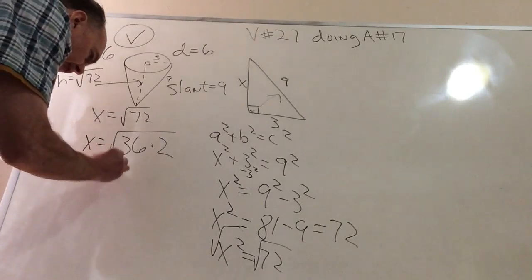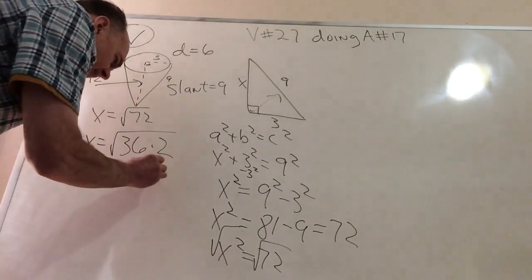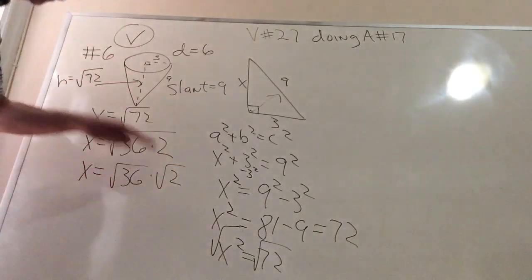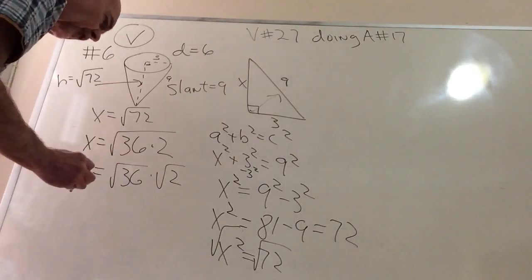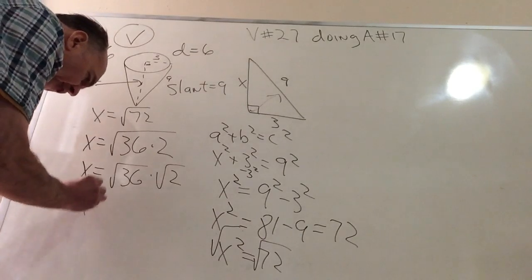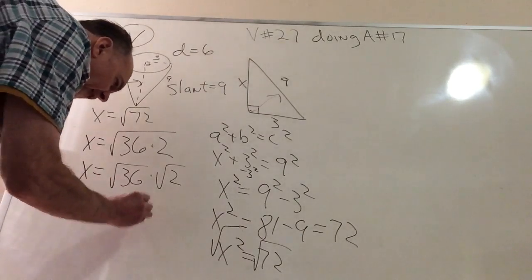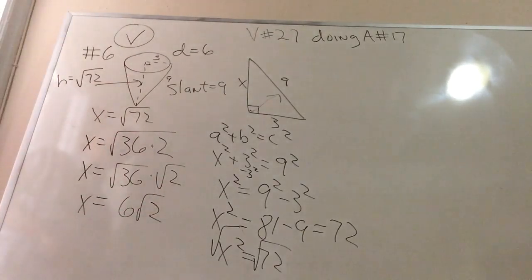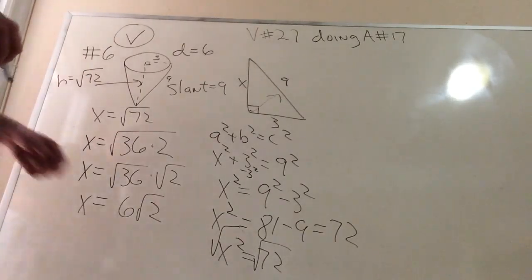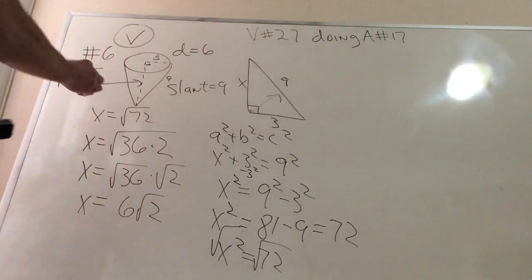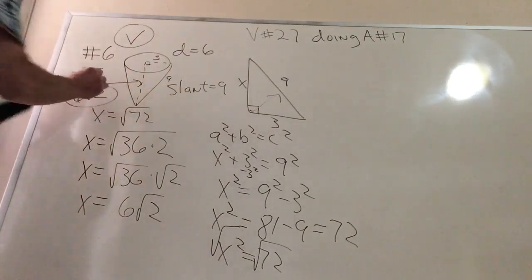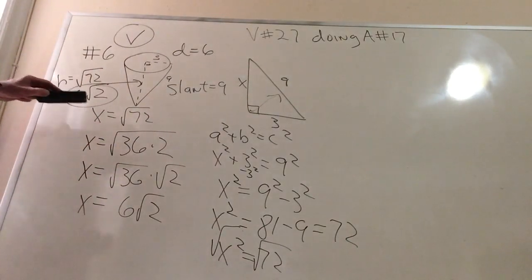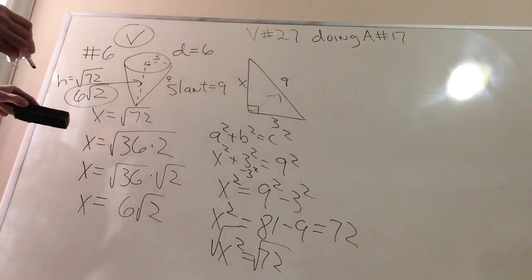So x equals radical 36 times radical 2. We'll explain that in a little more detail as we move along, but the radical 36, of course, being a perfect square, is 6, so x equals 6 radical 2. Isn't that nicer? Instead of writing this monster number that requires a calculator and all sorts of stuff, instead of radical 72, I can write 6 radical 2.